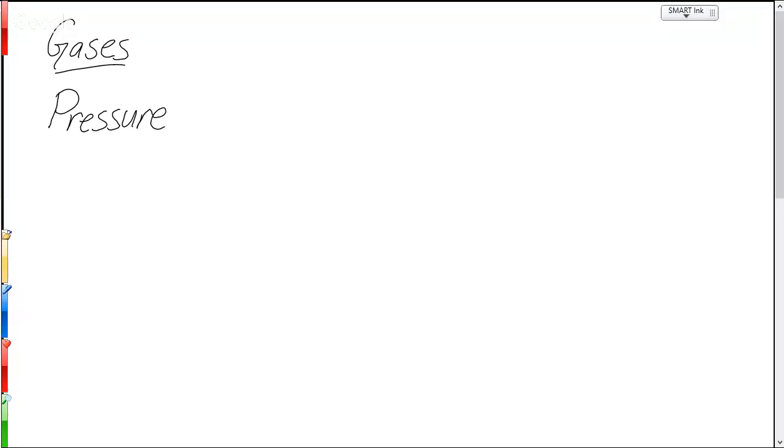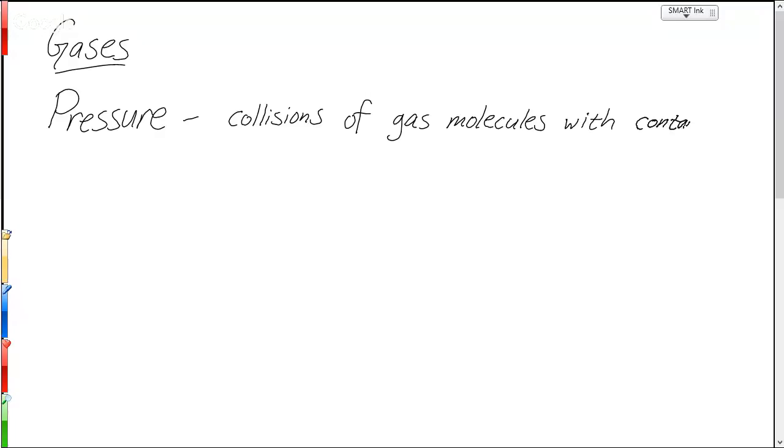When we talk about gases, does anybody know what creates the pressure of a gas? Yeah, collisions of molecules. So when a gas exerts pressure on its container, we define that as collisions of gas molecules with container walls.